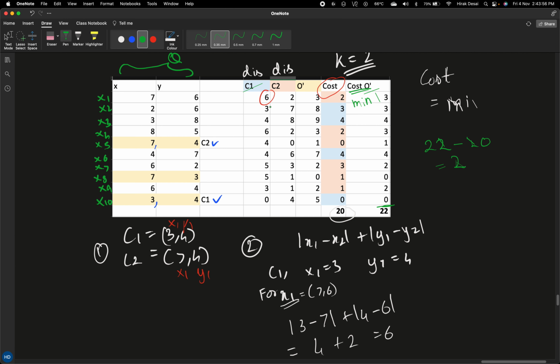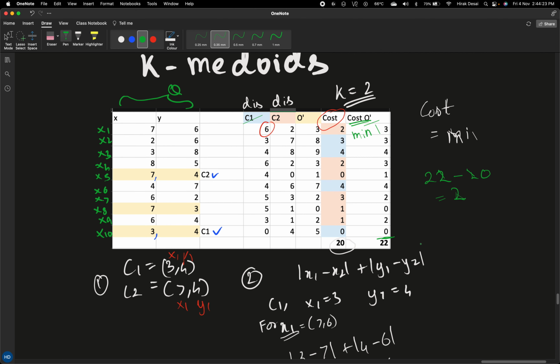I'll attach the PDF of the whole solution in the video description, so you can check that PDF for stepwise understanding. I'm just going over the sum right now. Otherwise, if the value is not greater than 0, you take a new O dash, calculate the dissimilarity again, and then calculate the cost again until you find a cost that is greater than 0. So that is K-means and K-medoids done.